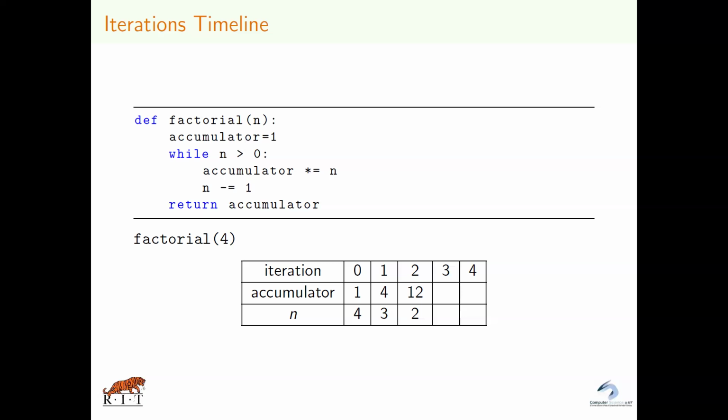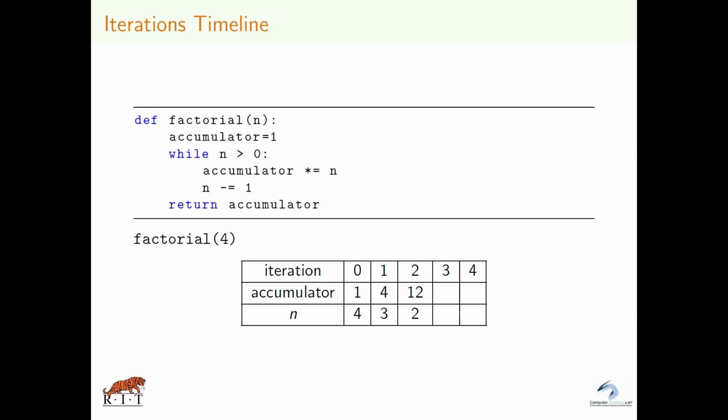So for example, for this factorial function, in the beginning, accumulator is 1 and n is 4 when we call factorial of 4. On the next iteration, accumulator was multiplied by n. So n was 4, 4 times 1 is 4, and the new value of accumulator is 4. But n was reduced by 1, so n is 3.